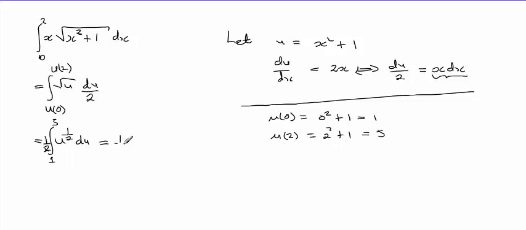So we're going to have half times u to the power half plus 1 over half plus 1, with a straight line and the lower and upper limits. Then we simplify: this gives us 3 halves, which we can write as half times 2 over 3 times u to the power 3 halves.